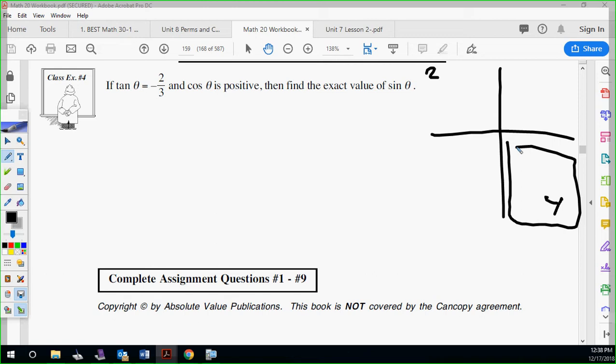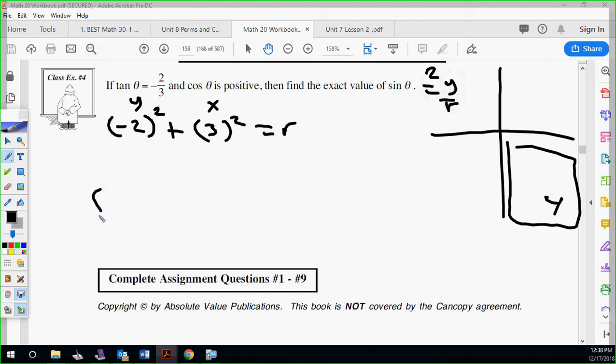Okay. Find the exact value of sine theta. So the 2 here is the negative. That's your y. And the 3 is positive. That's your x. Tangent's y over x. So that means we have a negative 2 and a positive 3. So we're going to find r. Because we need sine theta, we're looking for y over r.